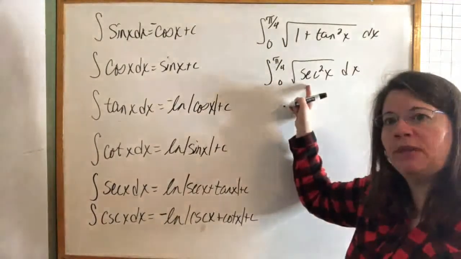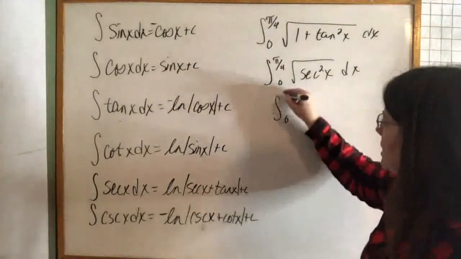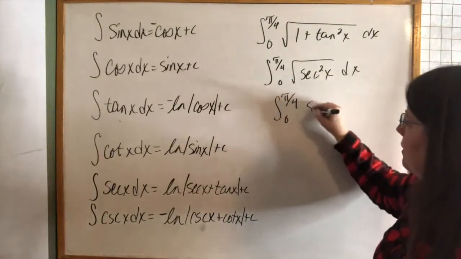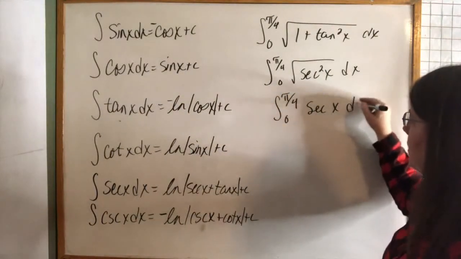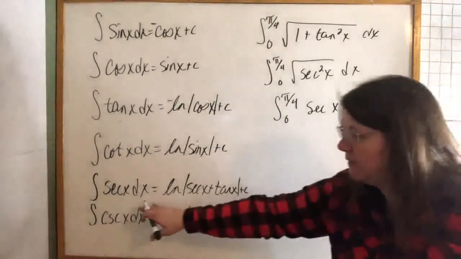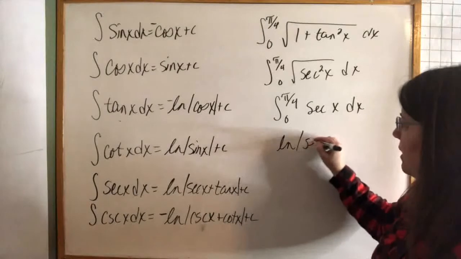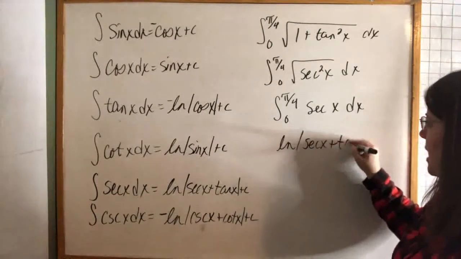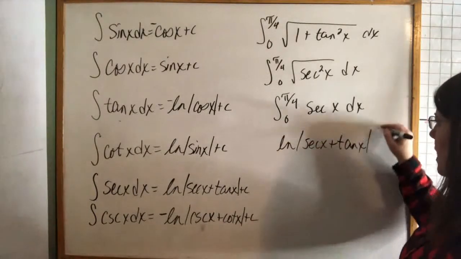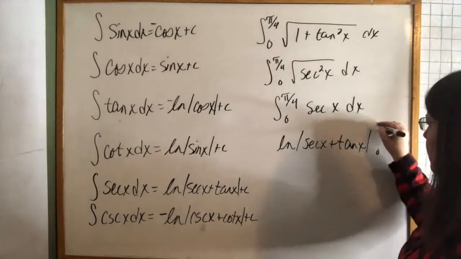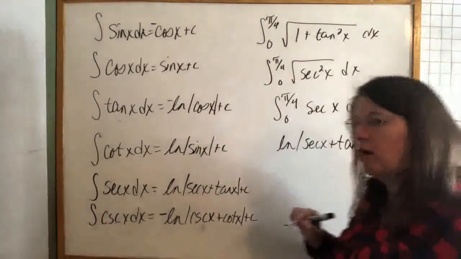And then the square root of secant squared x is just secant x. And then we know the antiderivative of secant x is the natural log of the absolute value of secant x plus tangent x. And we're going from 0 to pi over 4.